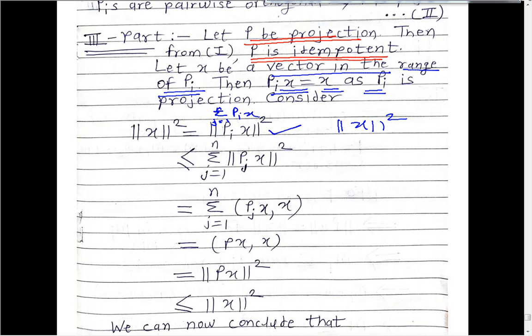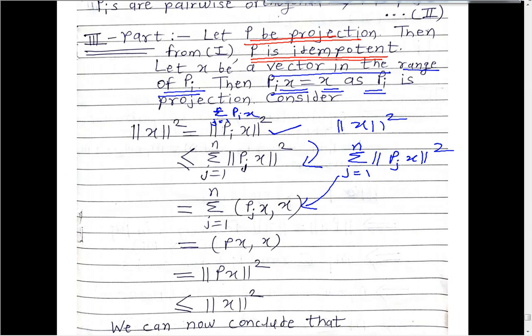By the triangle inequality, this will be less than or equal to the summation j equal to 1 to n of norm of Pj x square. This is equal to the summation j equal to 1 to n of the inner product of Pj x and x, because the Pj's are projections.